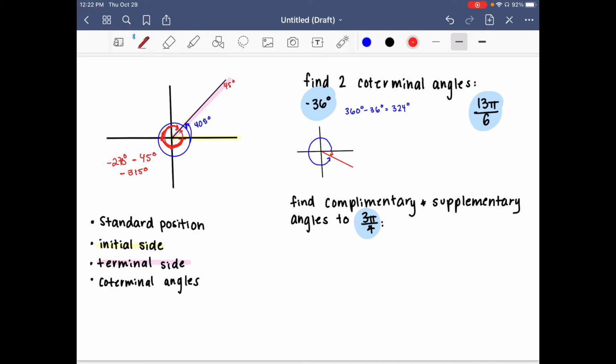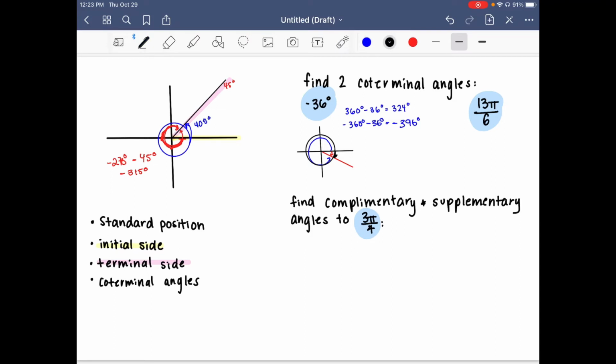My other option is I could still go in the negative direction, but make an extra 360-degree loop before going back to that negative 36 degrees. So that would be negative 360 plus my negative 36-degree angle, which is negative 396 degrees. Both of those angles will start and end in the same spot.